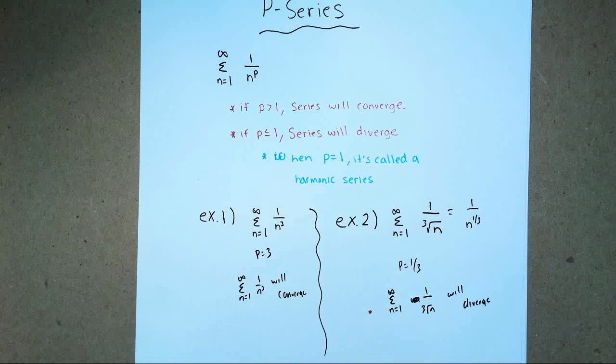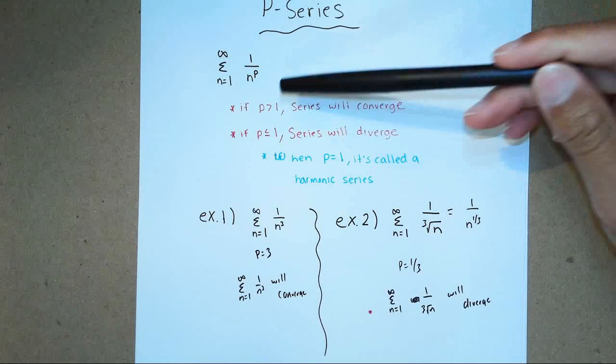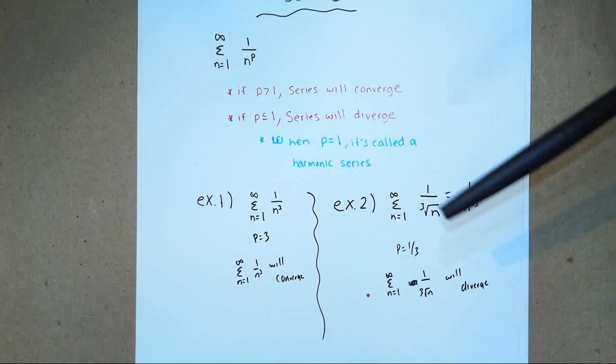So, once again, you do not know what it's going to converge to or what the sum is going to be. But you do know that this series will converge or diverge based on just looking at the power. This is one of your easier tests. And that's pretty much it for p-series.